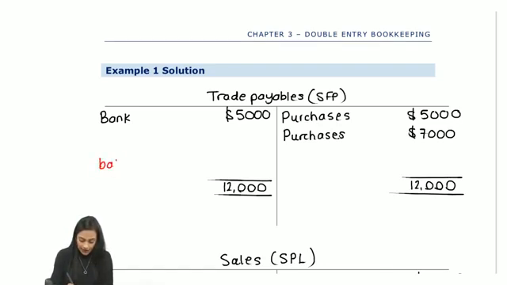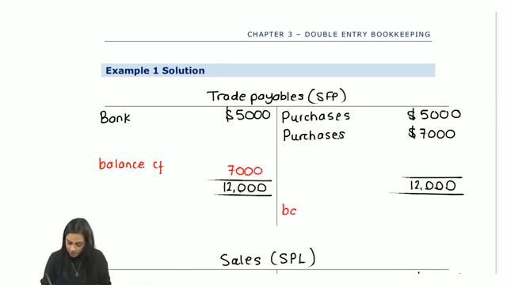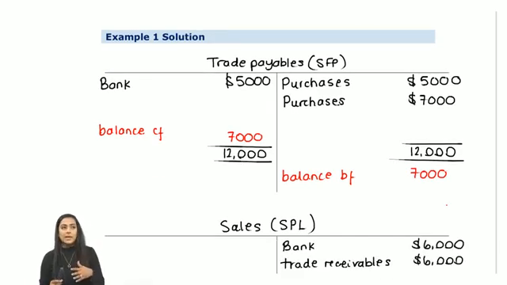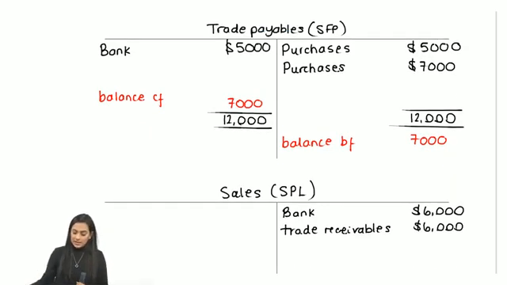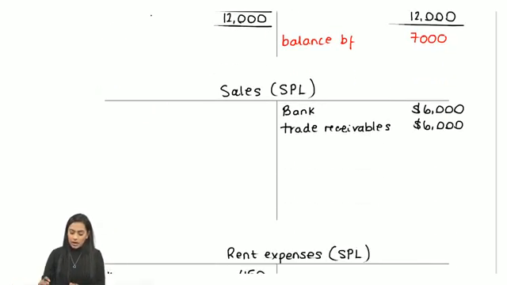So you have a balance carried forward, 7,000, and a balance brought forward, 7,000. Okay, so it means that we still owe our suppliers $7,000 from last 2 weeks. Sales is an SPL account, so we are not going to have an opening and a closing balance.